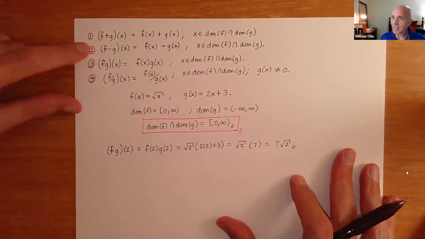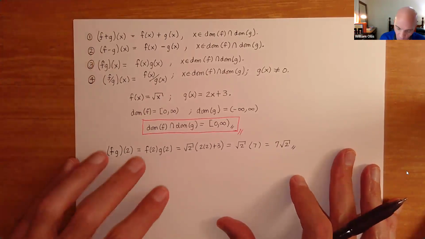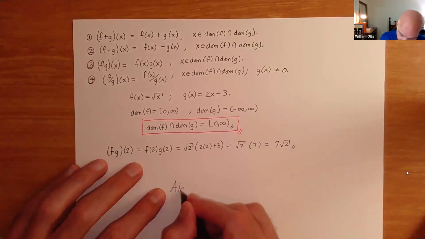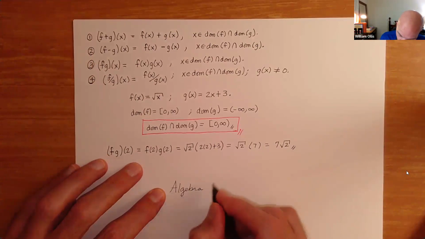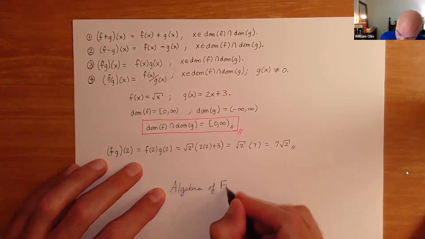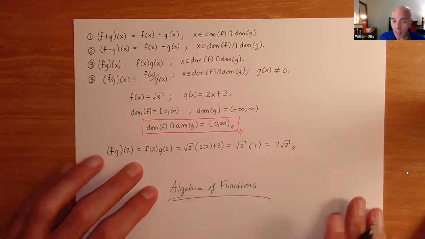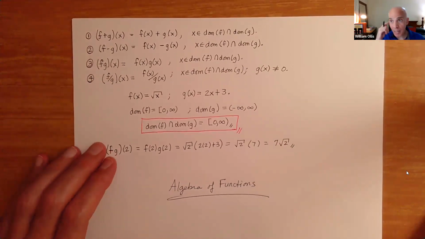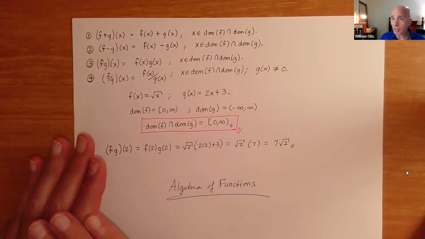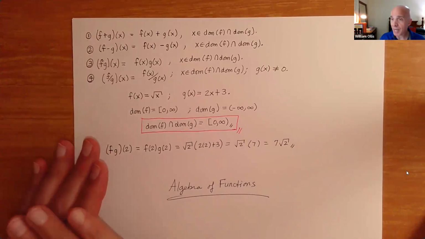So we call this the algebra of functions. Now there's going to be another algebra that we're going to talk about, which is called composition. And that'll be another way to combine functions that will be of great use to us. And we will do that soon enough.